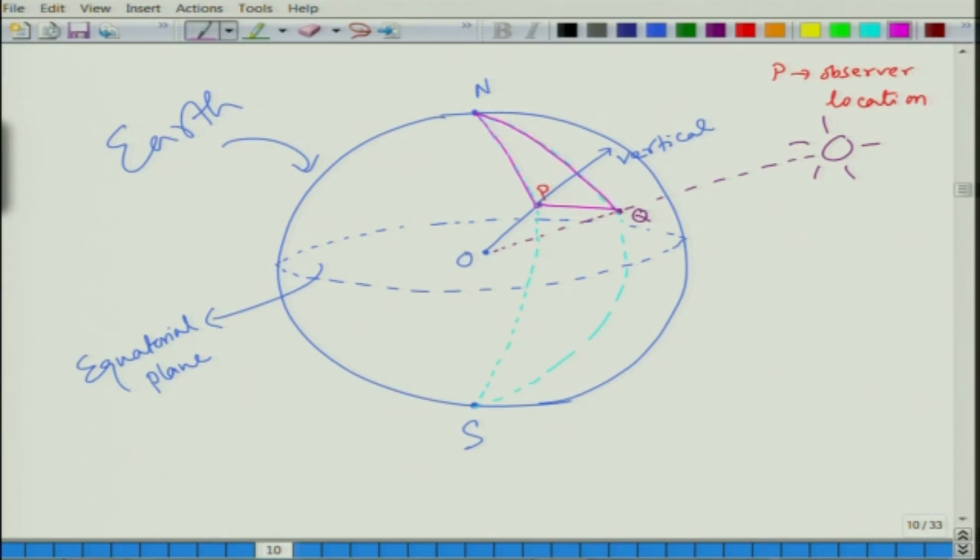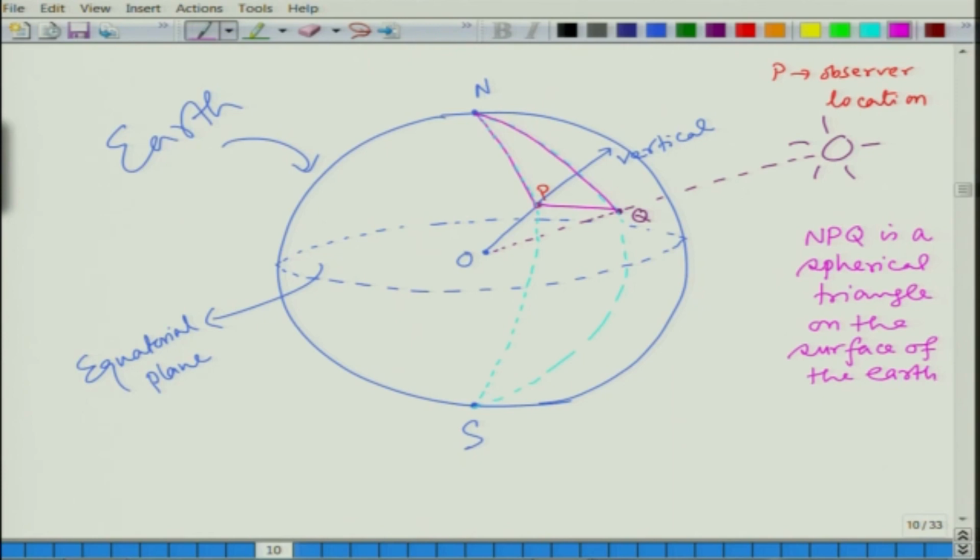Do not we have? Okay. So, this NPQ is a spherical triangle on the surface of the earth.